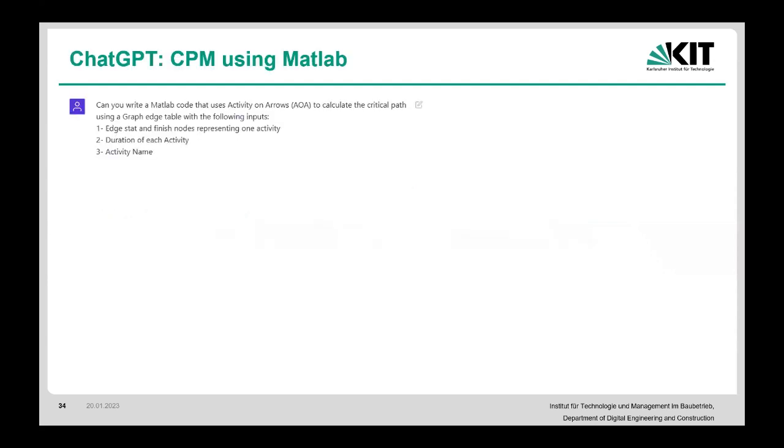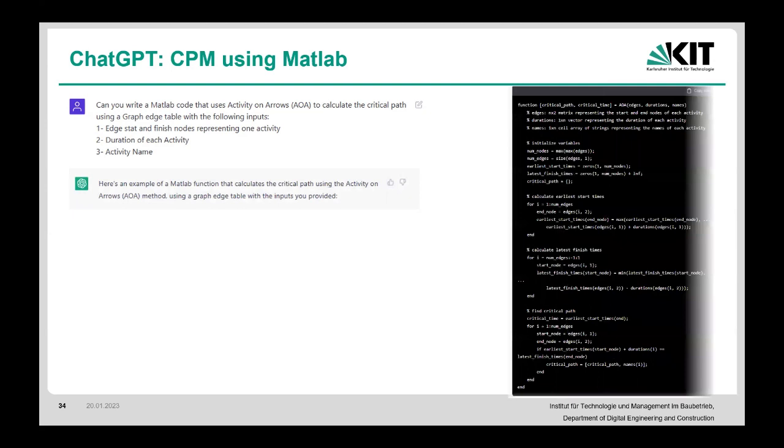Okay. So can you add a MATLAB code that uses activity on arrows to calculate the critical path using a graph edge table with the following information: edge start, edge finish, duration of activities, and activity name. So basically the same inputs. Okay, here's an example of a MATLAB code.